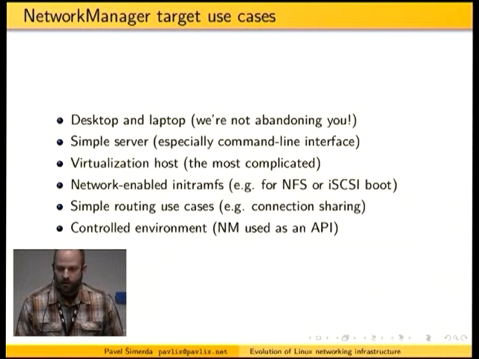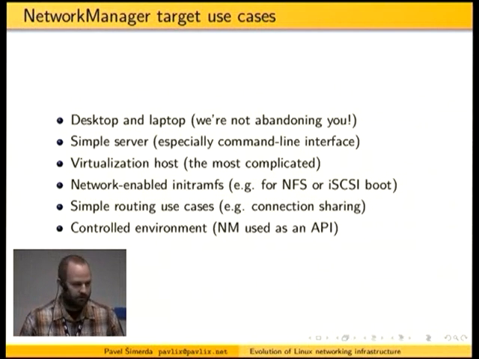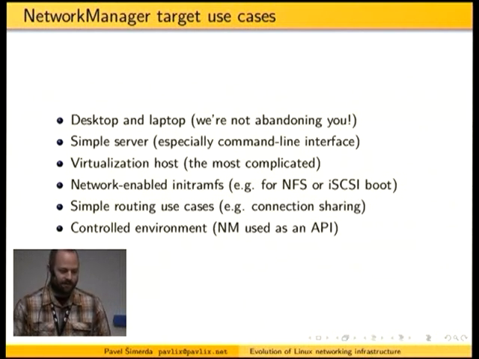Simple routing use cases are mostly just connection sharing, but we are still discussing some extension of this. But we have especially problems with IPv6 networking, where we are trying to avoid the ugly old network address translation from many addresses to one. So there's not a simple solution.